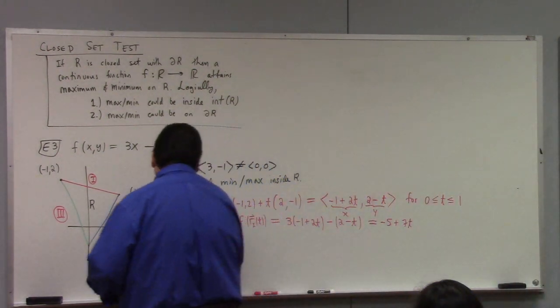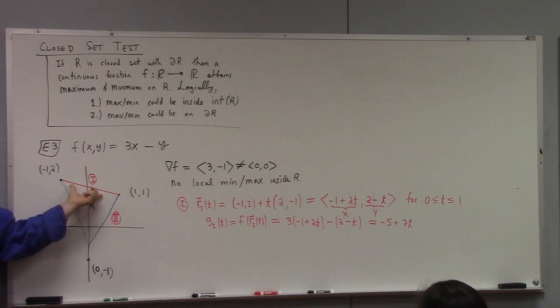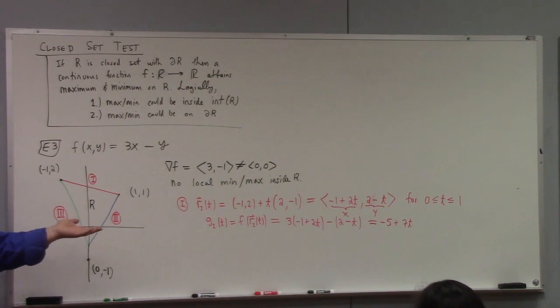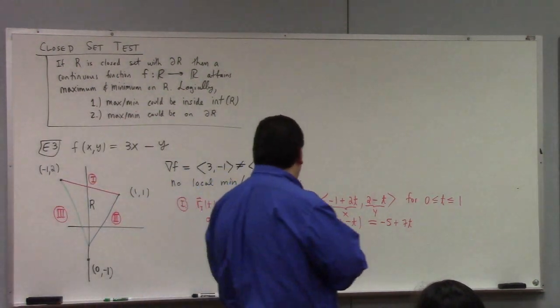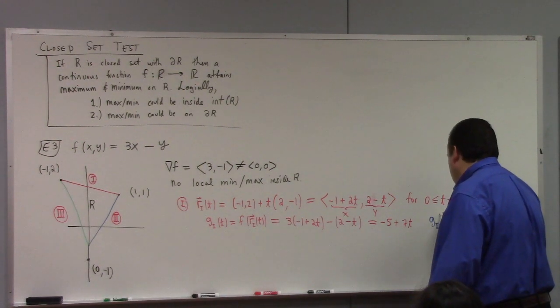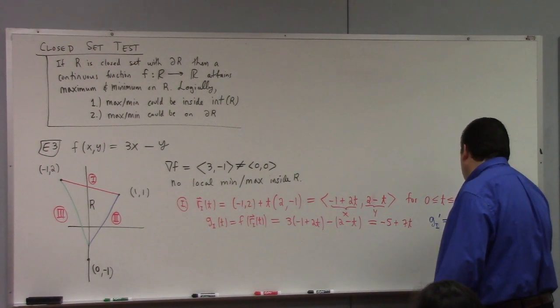All right, so I'm trying to maximize g sub 1, right, which is nothing more than the function restricted to line segment 1. How should I do that? I've got a function of one variable. We know how to maximize and minimize this on a closed interval because we know the closed interval test, right? So g1 prime is equal to what? 7.